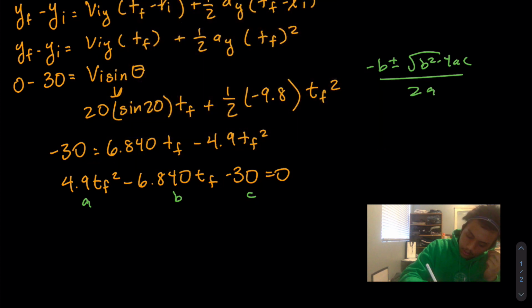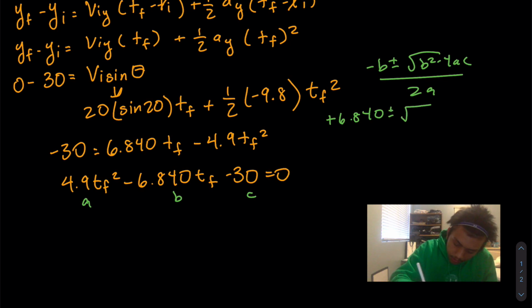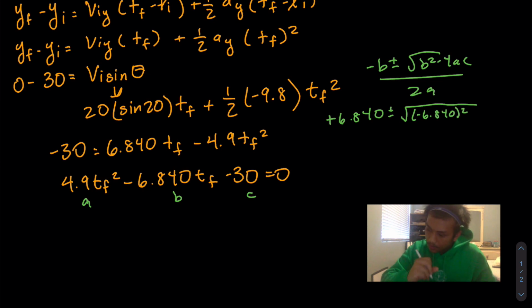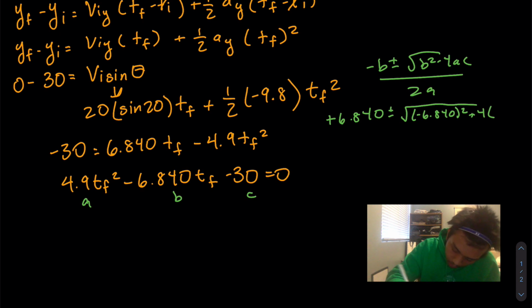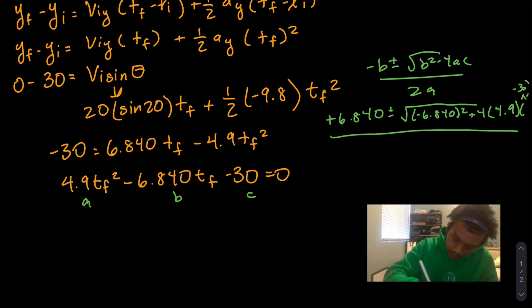So then you end up getting positive 6.840, because it's negative here but then turns positive, plus or minus the square root of negative 6.840 squared, plus 4, and then your a is 4.9 and your c is negative 30, all over 2 times 4.9.